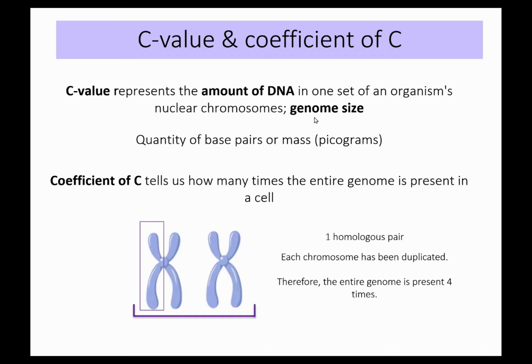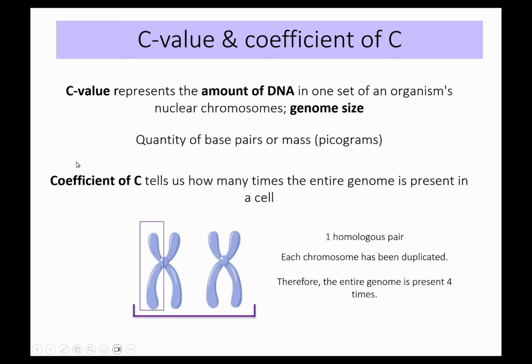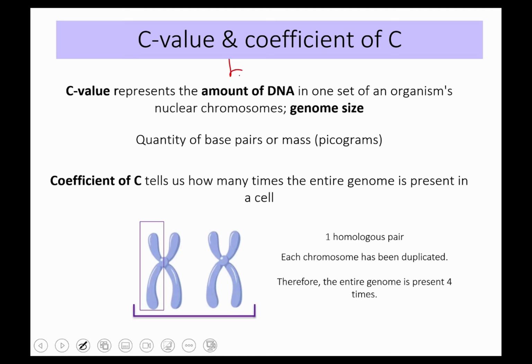So do you guys know what the C value for humans is? The C value is measured in either base pairs or in picograms of DNA. So how many base pairs do we have? 5 base pairs?